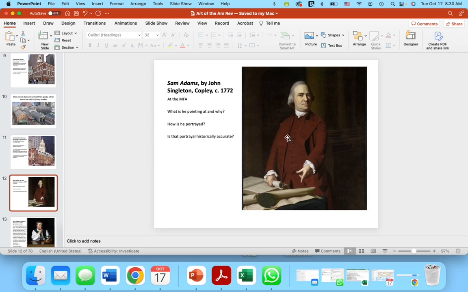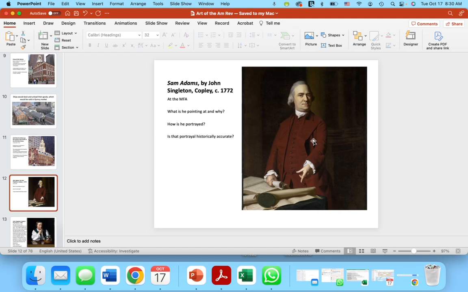All right, and this is a famous portrait by John Singleton Copley. And by the way, here's another piece of art history. In those days, the painter would paint the famous person live, and then the painter would go back to his studio and he and his assistants would finish the rest of the painting. And you see here that the face doesn't quite fit the body.